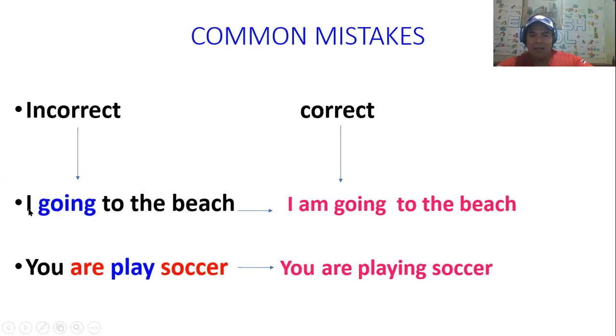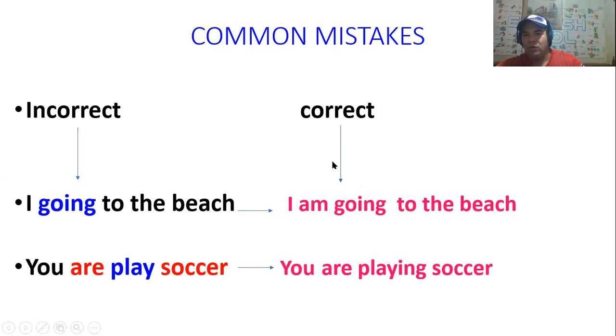Here, I going to the beach. Al traducirlo se dice yo yendo to the beach. The correct form is I am going to the beach. So you have to be very careful not to forget to write this verb to be.